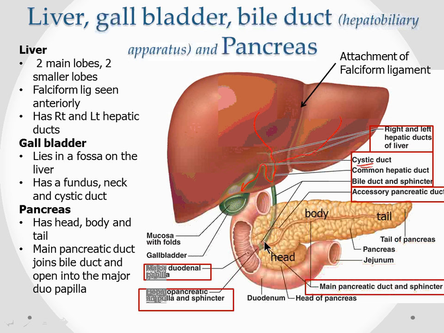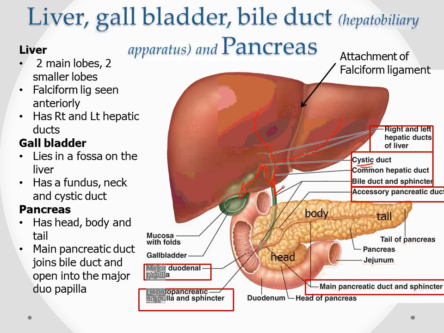Then when the food gets into the duodenum and bile is needed, the gallbladder contracts and bile comes back out from here, travels back through the cystic duct, and where the cystic duct and the hepatic duct join, that part is known as the bile duct.